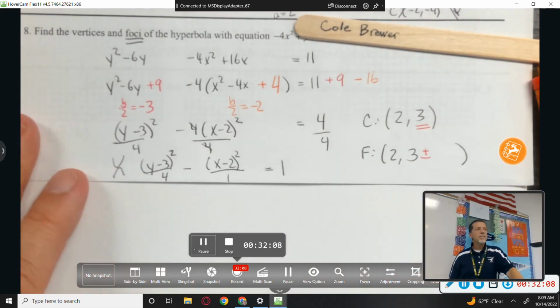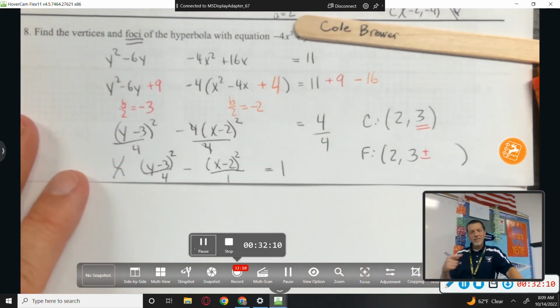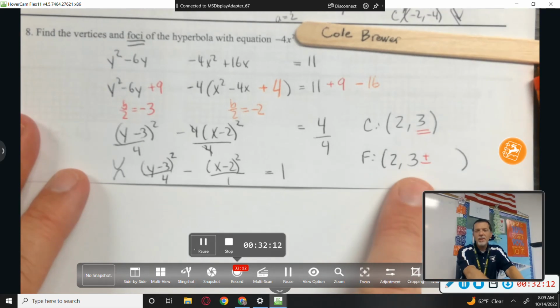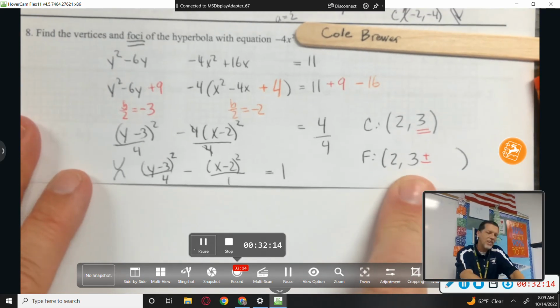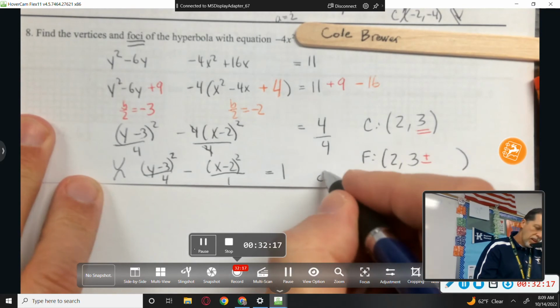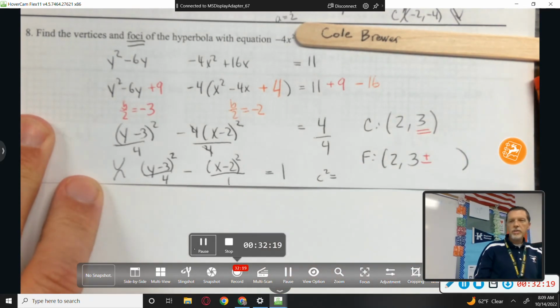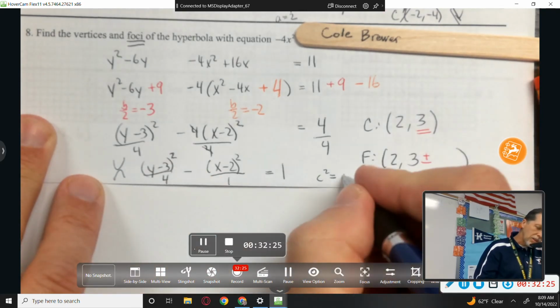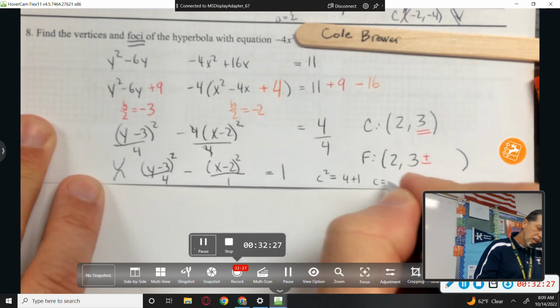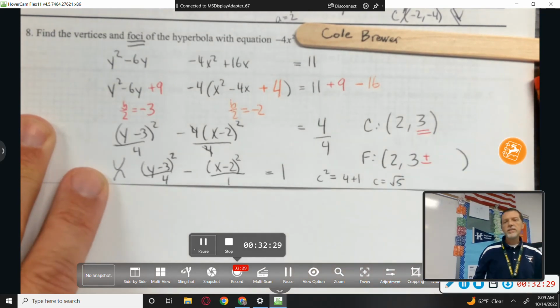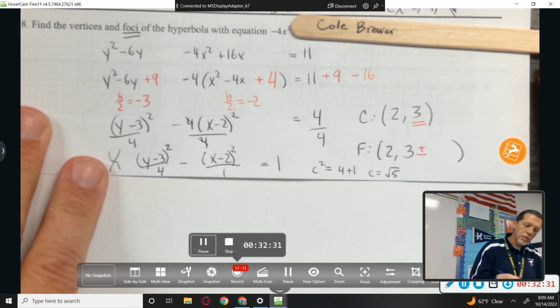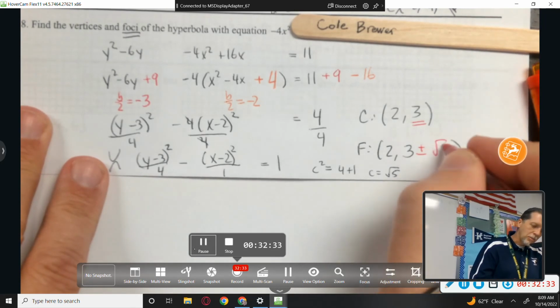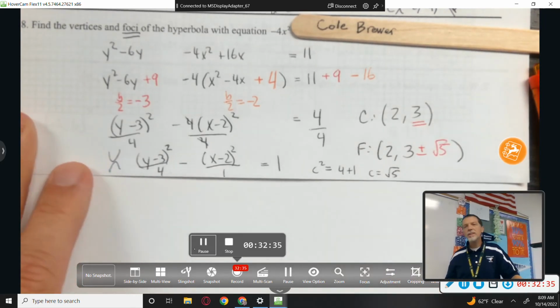So doing it that way is not a bad approach because I can set it up before I even figure out what c is. c squared. Let's see, a hyperbola. The main sign is subtract, so it's a squared plus b squared. I don't get a particularly nice number, but that's fine because I'm just going to write it as plus or minus the square root of 5.